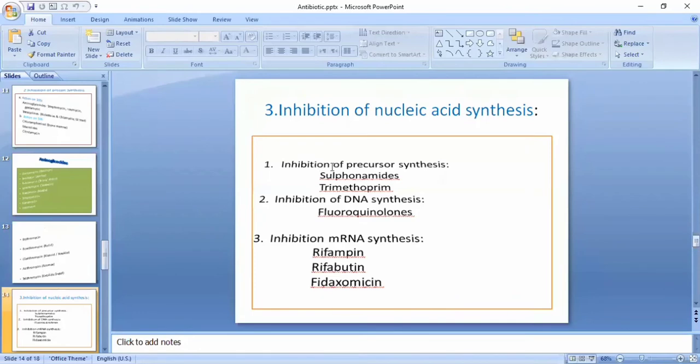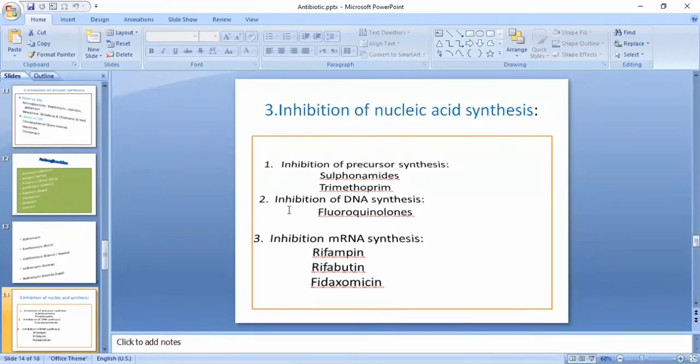Those which cause inhibition of precursor synthesis include the sulfonamides and trimethoprim, and those which inhibit DNA synthesis are the fluoroquinolones, and the third is the inhibition of messenger RNA synthesis.